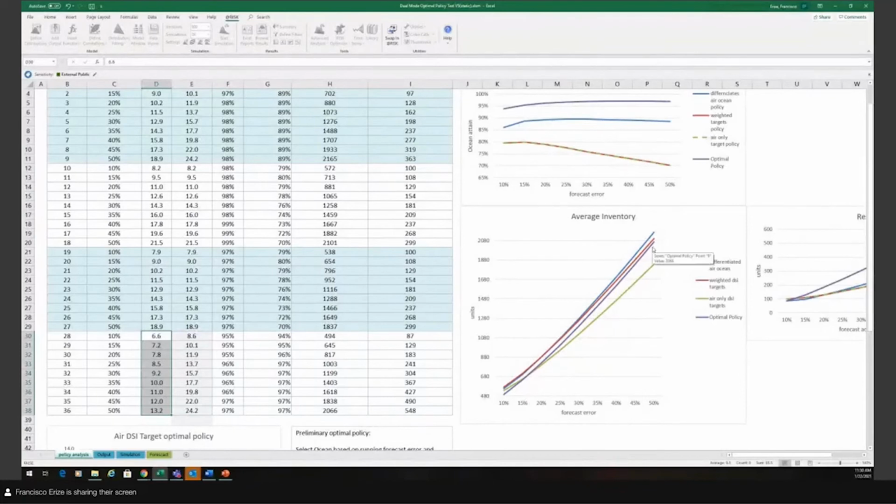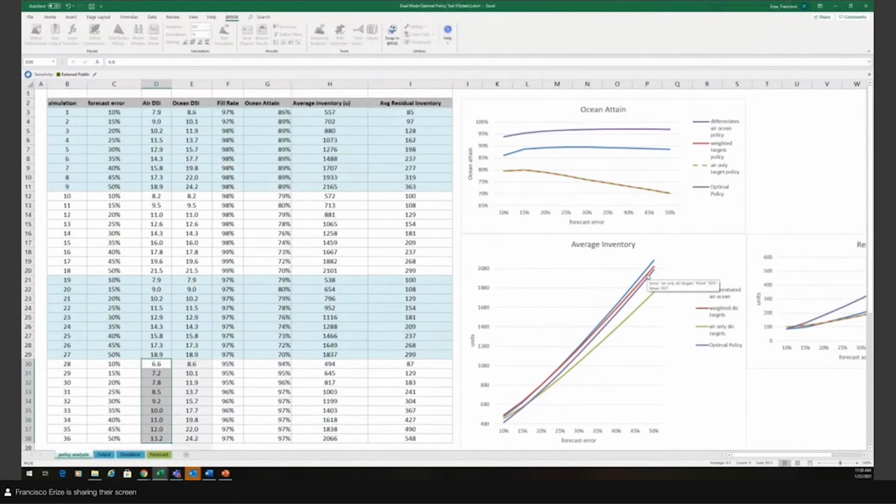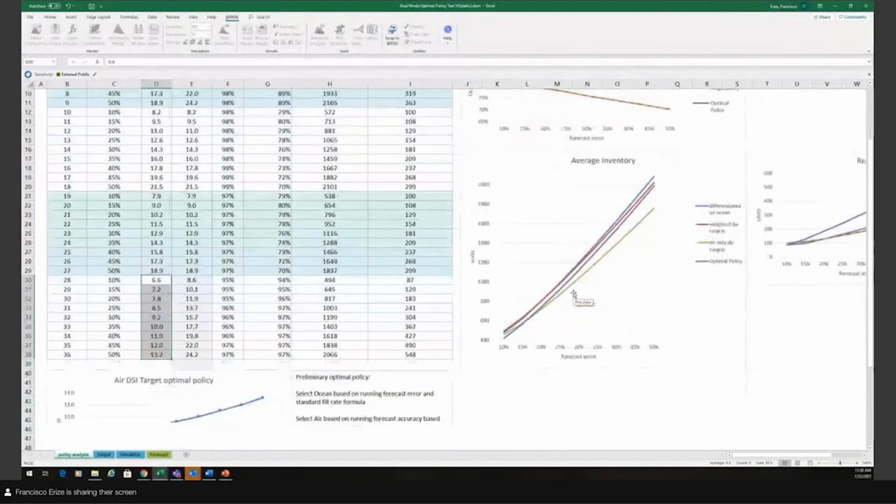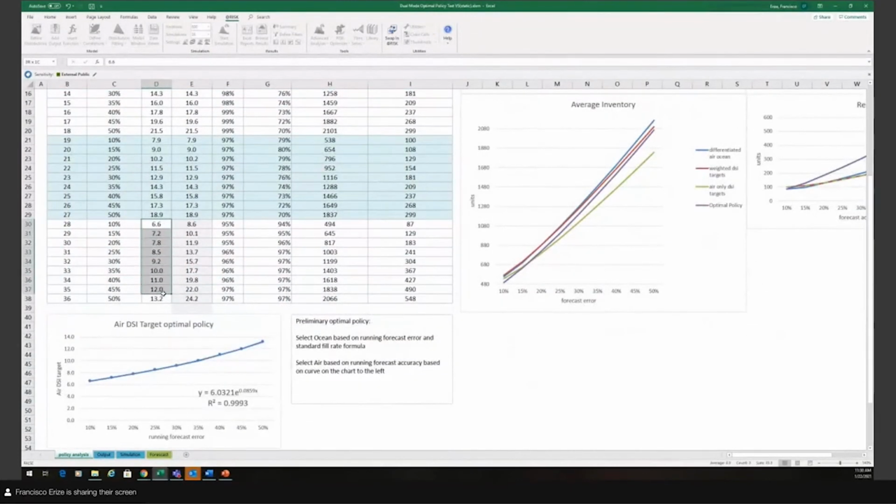And you can see that this policy carries a higher average inventory position than if I did air only. But when you do the economics, you will see that the higher ocean utilization outweighs the higher cost of inventory that you have because you have a higher inventory position. And this is the analysis that led to finally deciding these numbers. I kept changing these numbers until I managed to get this close to 95 and the economics were making sense.